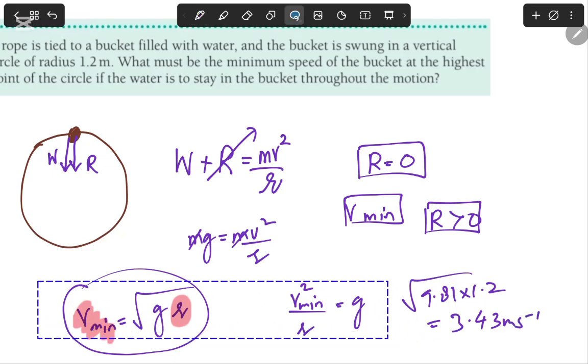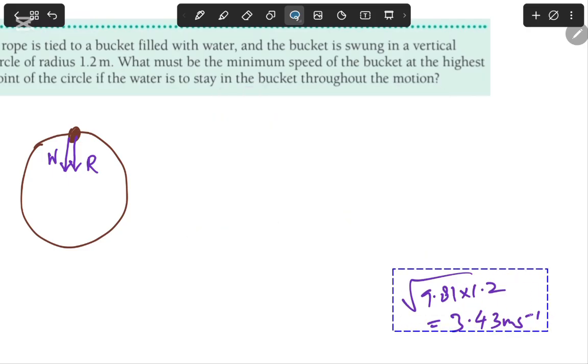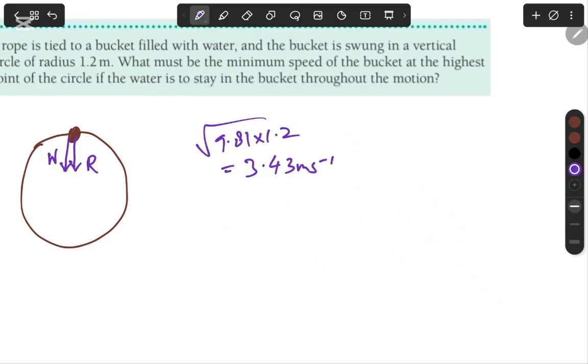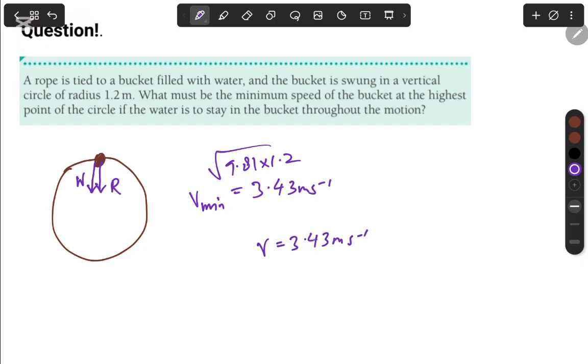Let me just erase all of this. I have 2-3 more points just to talk about here. So this is going to be the minimum velocity. Let's say we have velocity v and it's equal to 3.43 meters per second. And this velocity v is the velocity of the object that's moving in the circular path. So this is going to be enough velocity for us to move in the circular path.